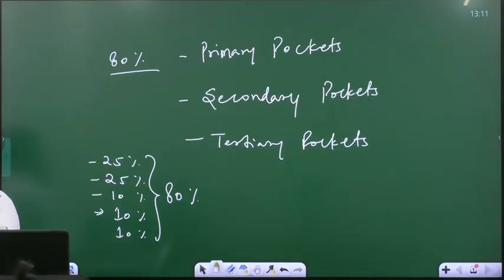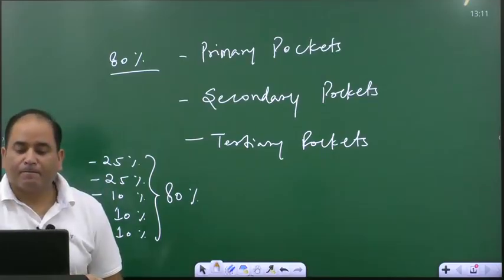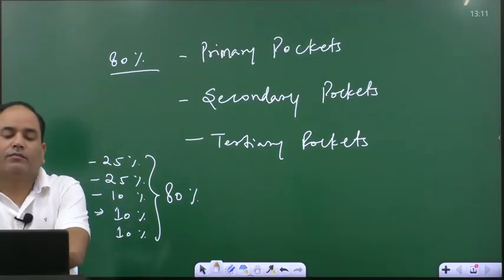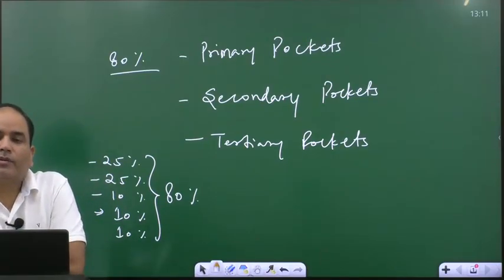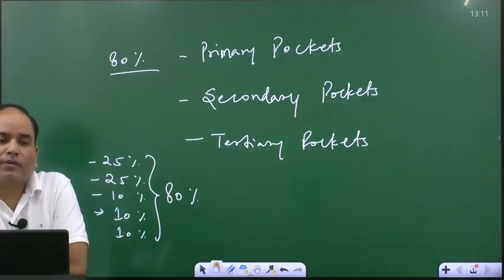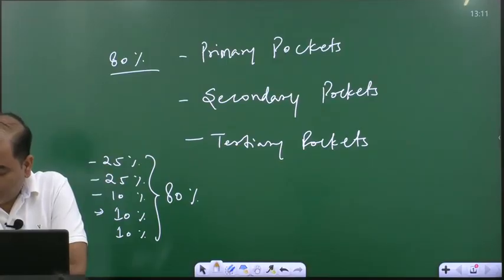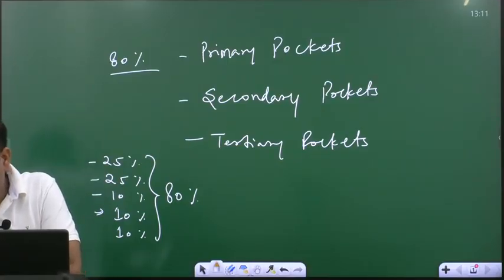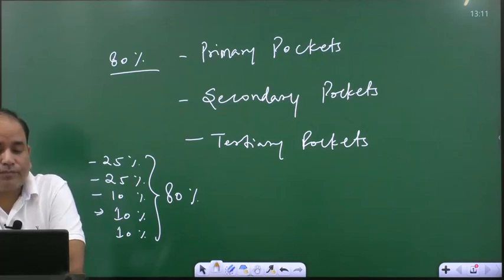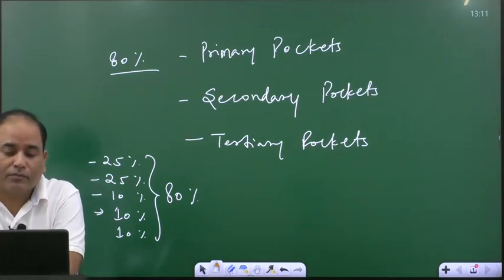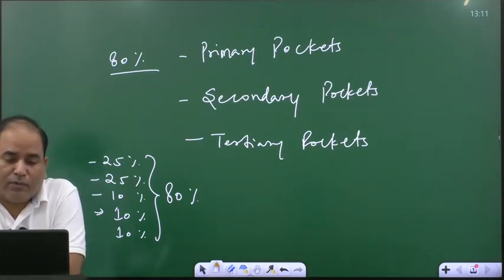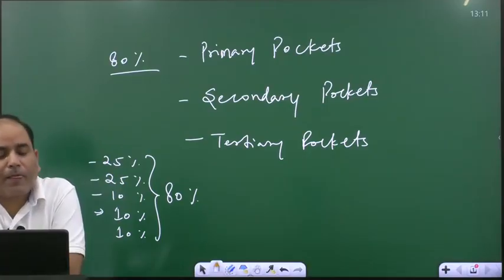Next, secondary pockets. Secondary pockets have countries like Brazil, Russia, Egypt, Mexico. Almost 15% of the population is here.